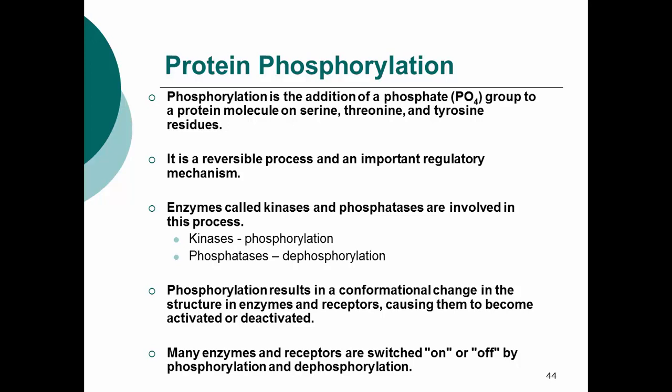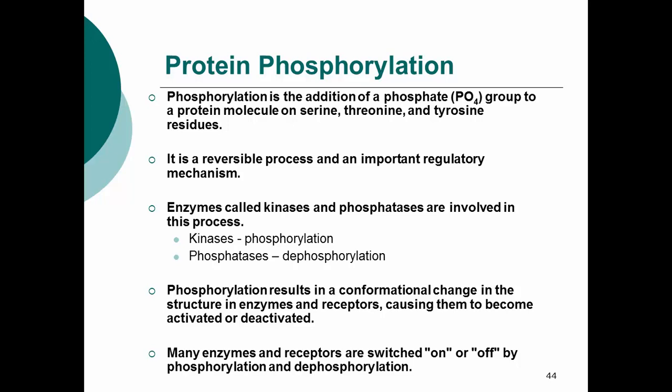It is a reversible process and a very important regulatory mechanism. For example, for some enzymes, once the phosphate group is added, it can activate the enzyme, or if the phosphate group is removed, you can inactivate the enzyme, right? So it's a regulatory mechanism to regulate enzyme activities.